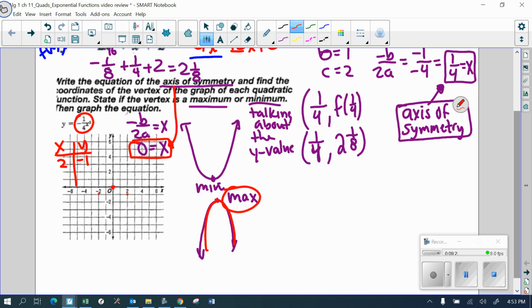Left 2, down 1. If I plug in 4, that's 16, and that's going to be negative 4. So go right 4, down 4, left 4, down 4. So that is much more accurate as far as the shape of the graph. Right there. Okay, so we just practiced graphing it too.